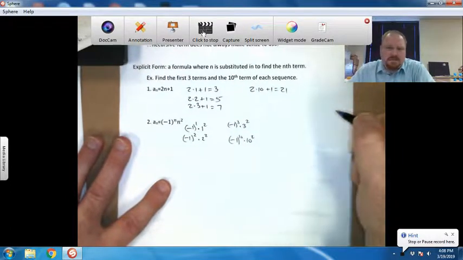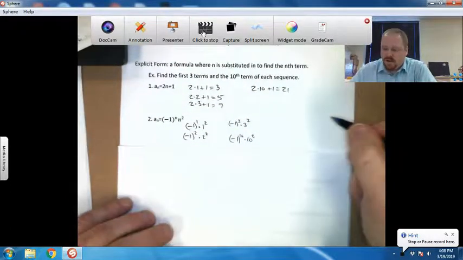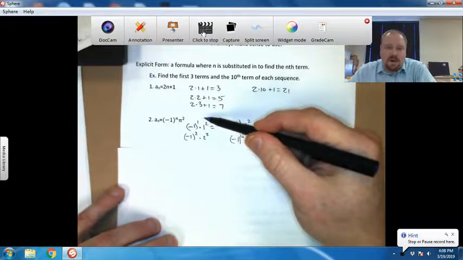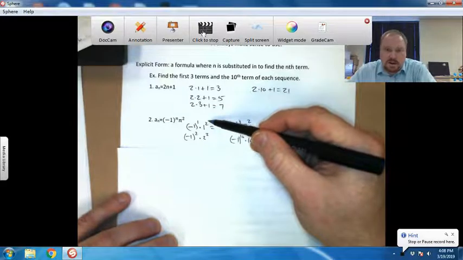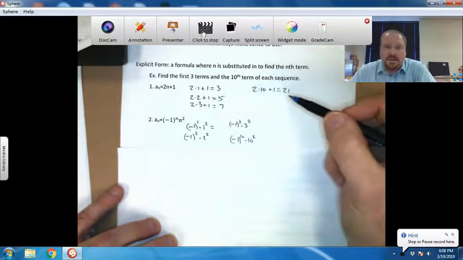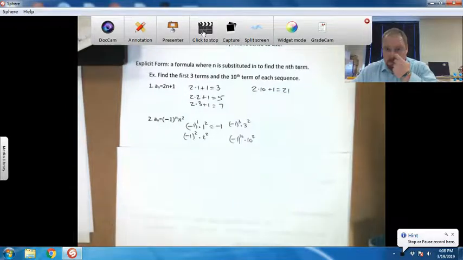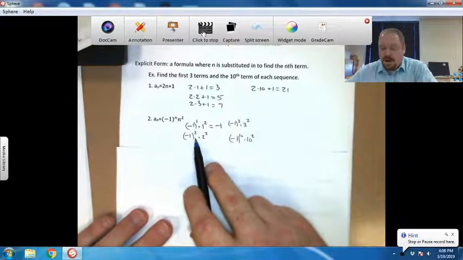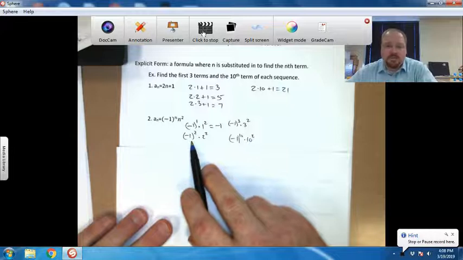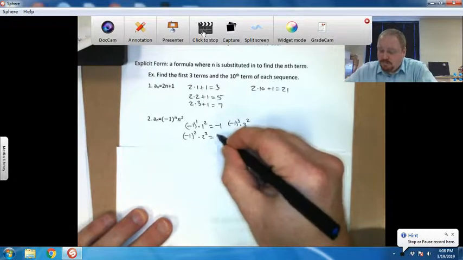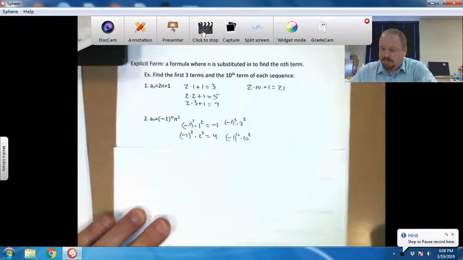Now, it seems pretty complicated, but with a calculator, it'll be fine. So negative 1 to the first is negative 1. 1 squared is 1. So negative 1 times 1 is negative 1. No big deal. Negative 1 squared is positive 1. 2 squared is 4. So 1 times 4 is 4. So far, so good.